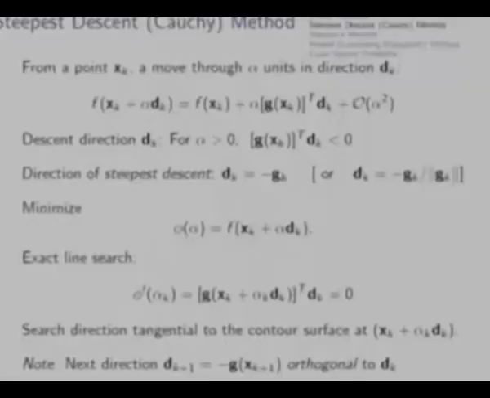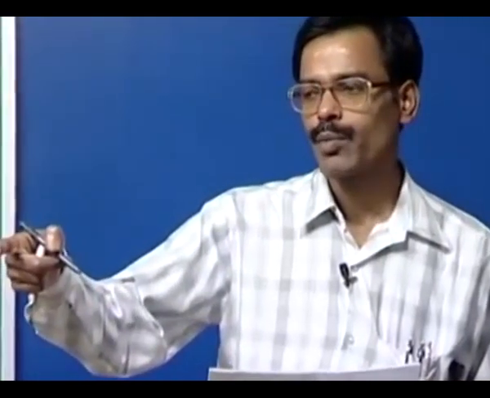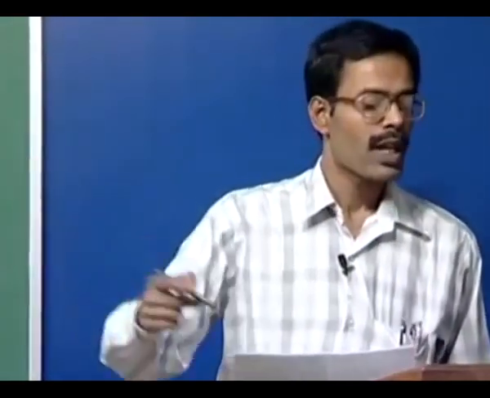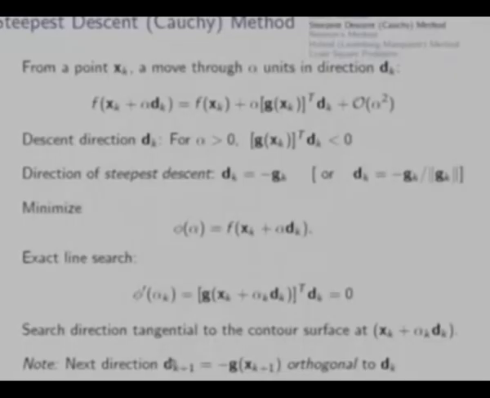Now, if you conduct exact line search in any method, then you will find that at the end of the exact line search, the gradient at the final point turns out to be orthogonal to the search direction. In the case of the steepest descent method, its negative will be the next search direction, orthogonal to the previous one.